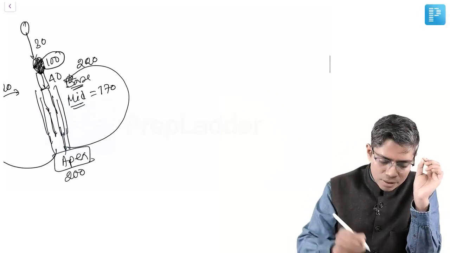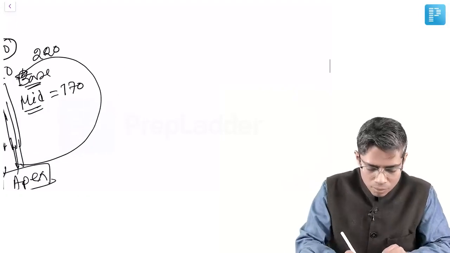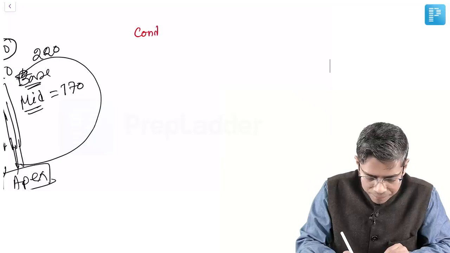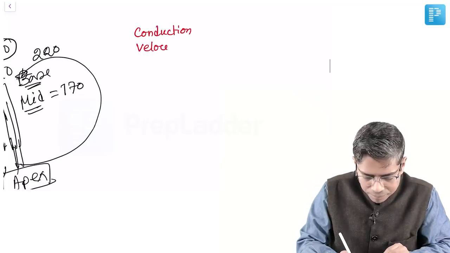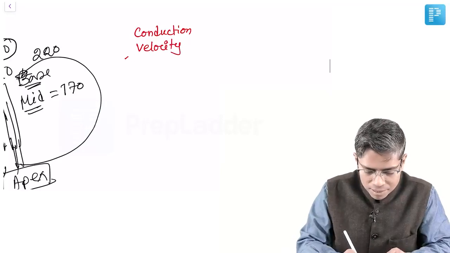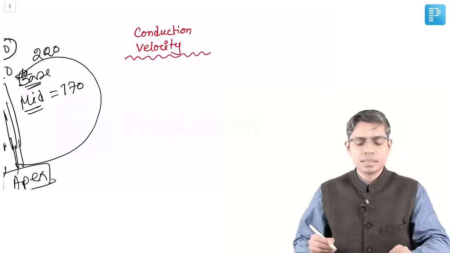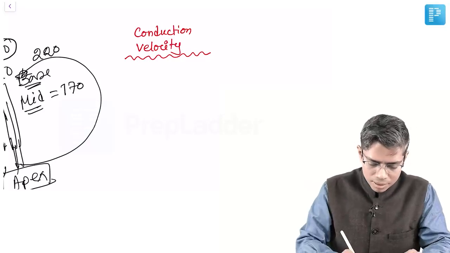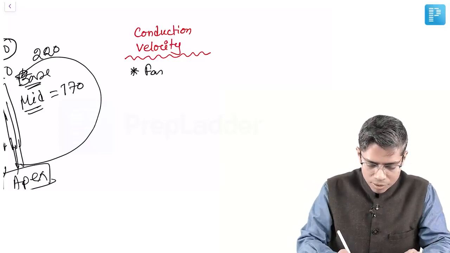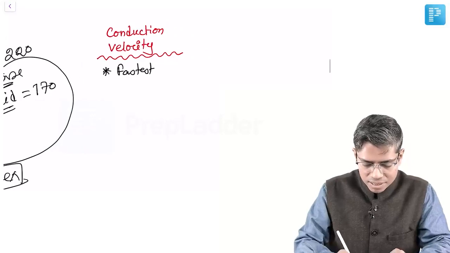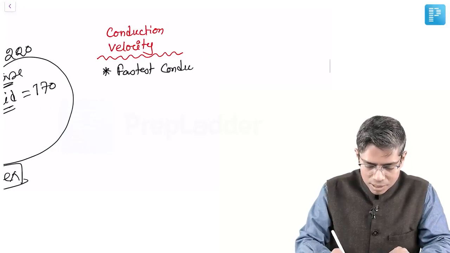So if I ask you a genuine question, what is the conduction velocity of impulses in different parts of the heart, what will be your answer? Fastest conduction occurs in which part?